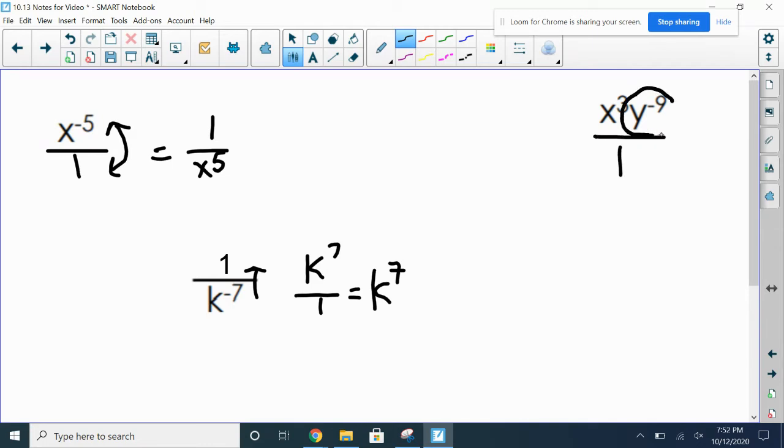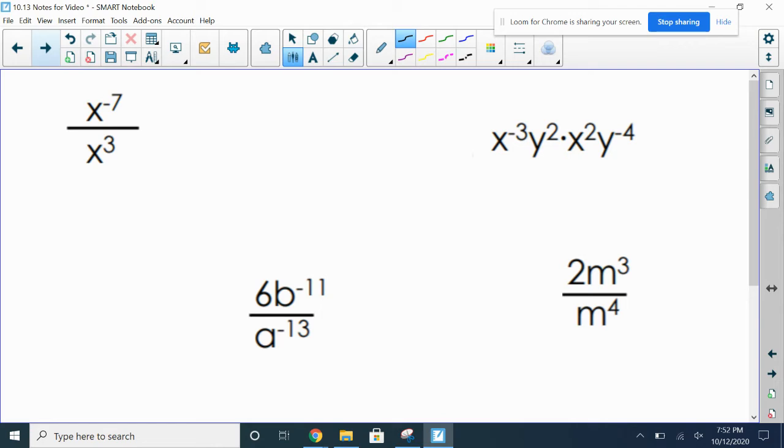But this y to the negative 9 is the only sign I want to change, so that is the only part that is going to move to the bottom. I would leave the x to the positive 3 up top and put it over y to the positive 9. So the act of moving it from the top to the bottom or the bottom to the top, as we saw in these examples, changed the sign of that exponent.